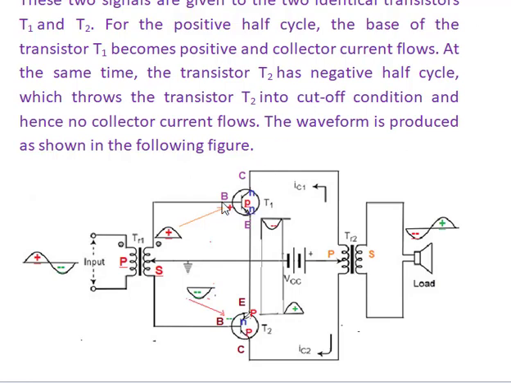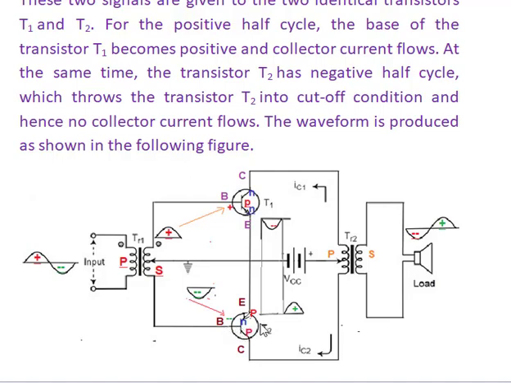At the first half cycle, a positive voltage is given here. The same positive voltage comes to transistor T2. It is a PNP transistor, and the base is made up of N-type material. The given voltage is positive, so it is under reverse bias.